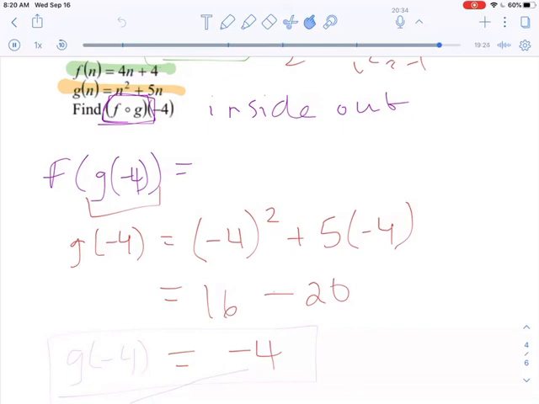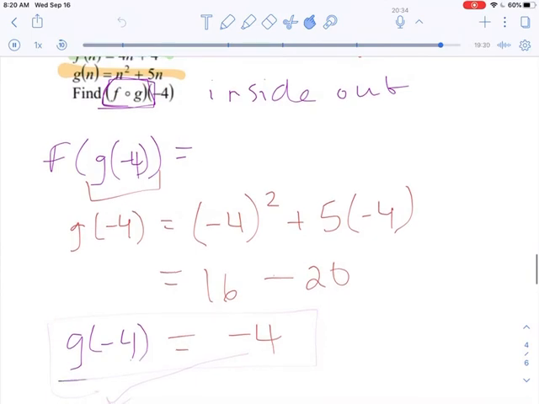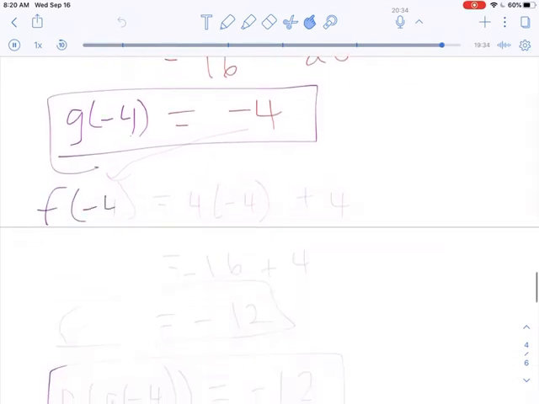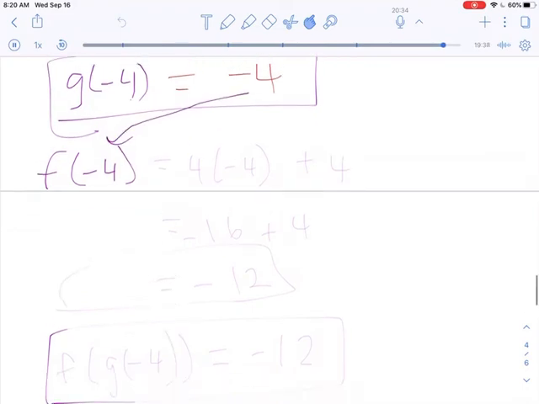Okay. So now that I have g of negative 4, I can plug that in to f. So it's the same, but just remember that that's where I'm getting it from. So f of negative 4, I'm going to plug in negative 4 where I see an n in my f function.